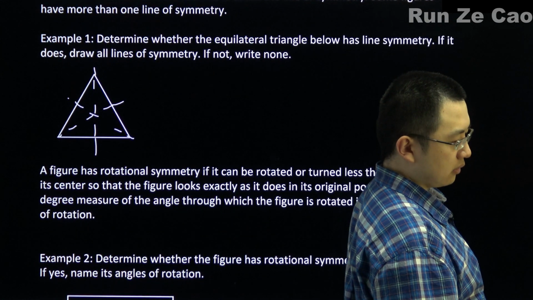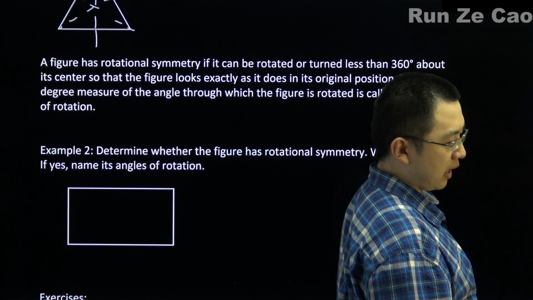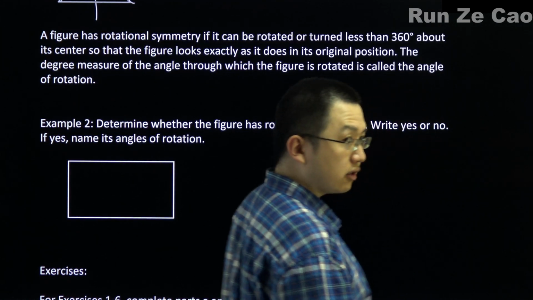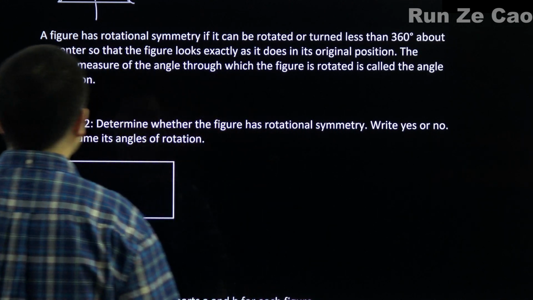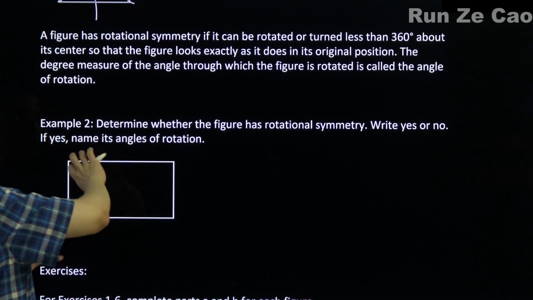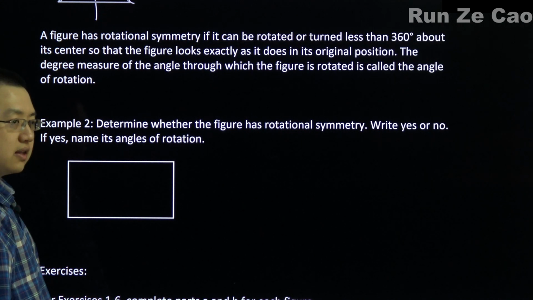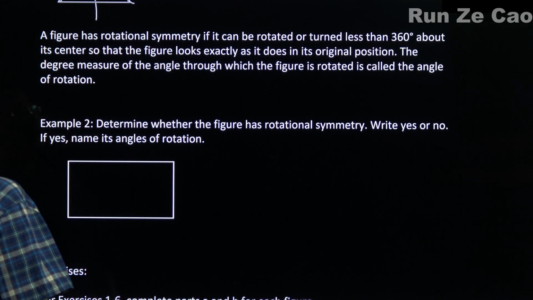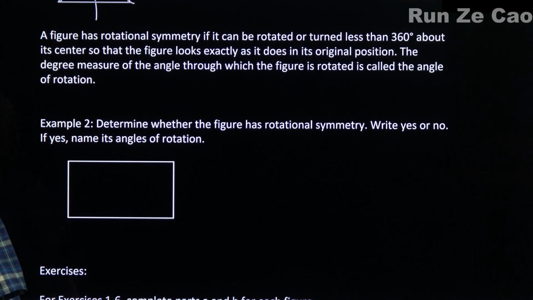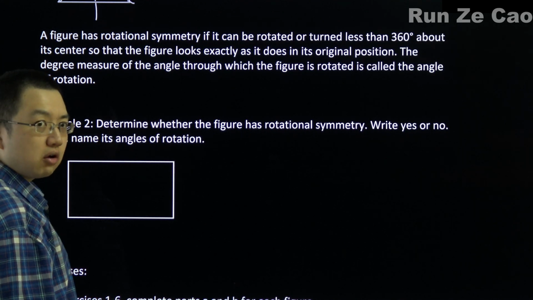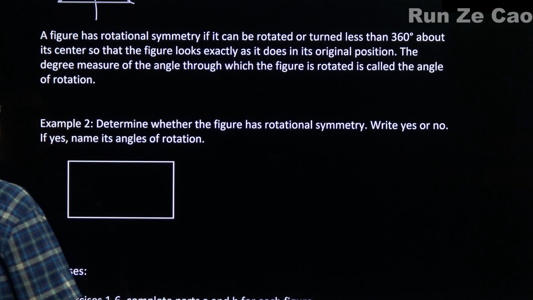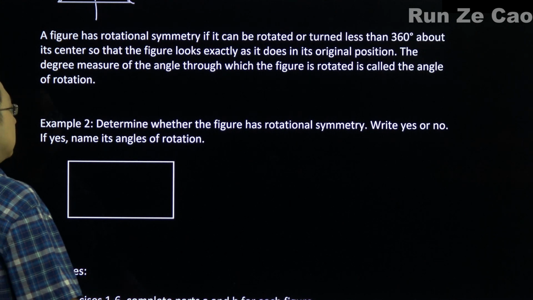A figure has rotational symmetry if you can rotate or turn it less than 360 degrees about its center so that the figure looks exactly as it does originally. The degree measure of the angle through which the figure is rotated is called the angle of rotation.